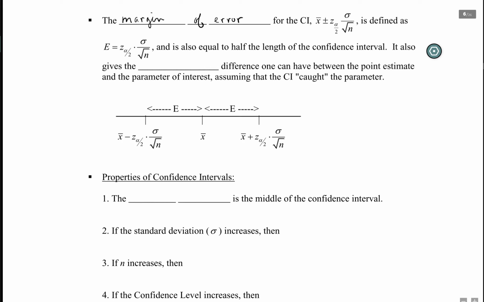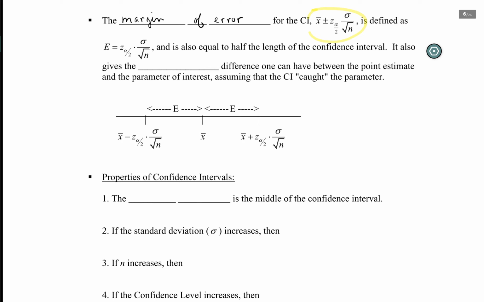It's defined to be, for this confidence interval, the only one we've developed so far, the stuff you add and subtract to x bar to get the lower and upper bound. And so you'll notice it's also equal to the half length of the confidence interval.